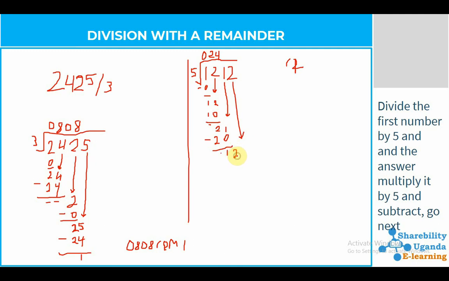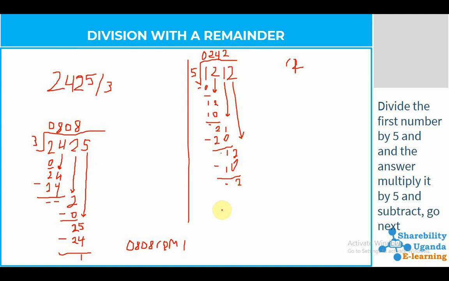We say 12 divided by this, we shall get 2. Then 2 times 5 gets 10. Also subtract here. We get a 2 and a naught. So 2 is remaining.